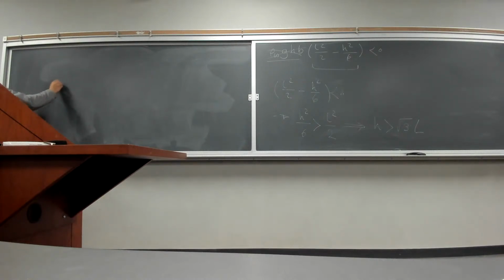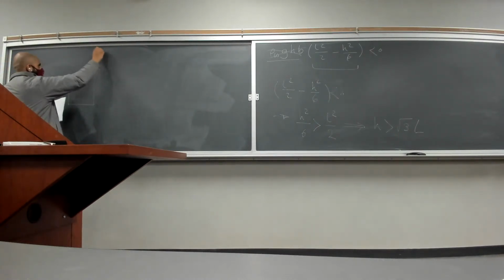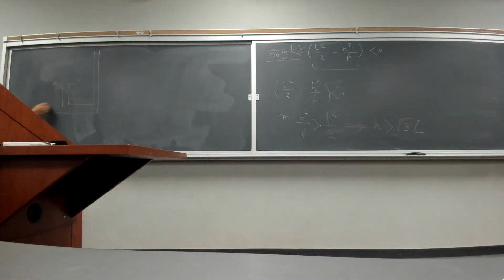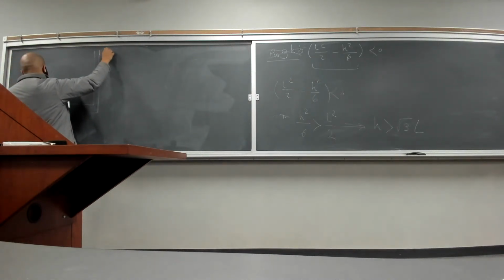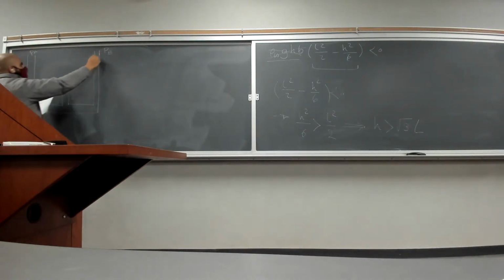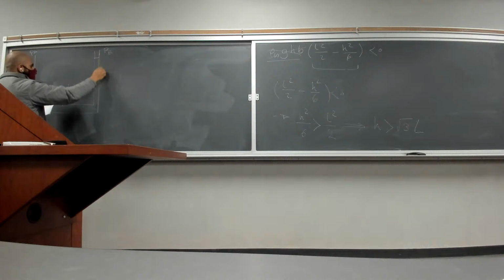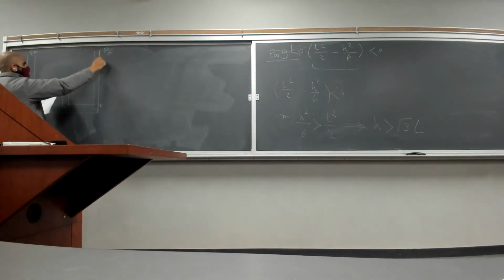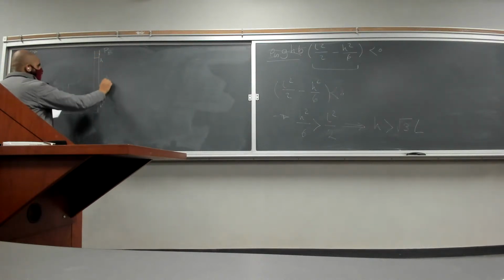So we have this manometer. We have pressure B here. We have PA here. The height of this column on the B side is H2.